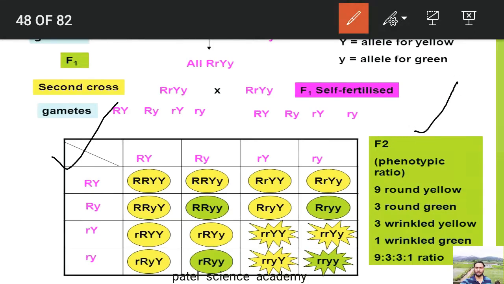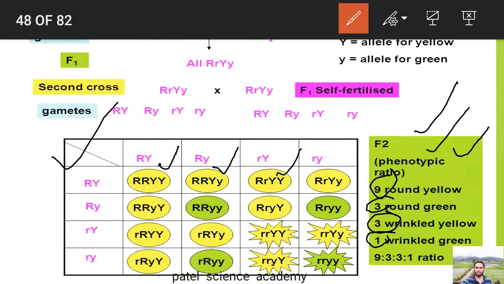In the F2 generation, the phenotypic ratio is 9 is to 3 is to 3 is to 1. Means here 9 plus 3 plus 3 plus 1 is equal to 16 results, and the 16 results phenotypically will be likewise.